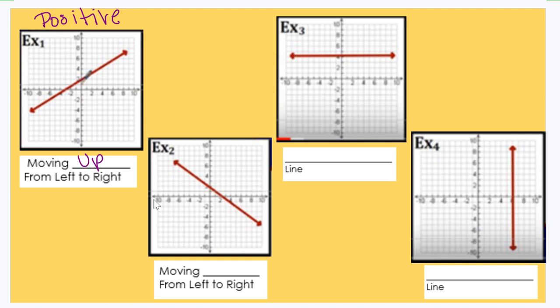Example 2, as we move from left to right, this graph is going down. And this is what we call negative slope. The third example is a horizontal line. And it has a 0 slope.